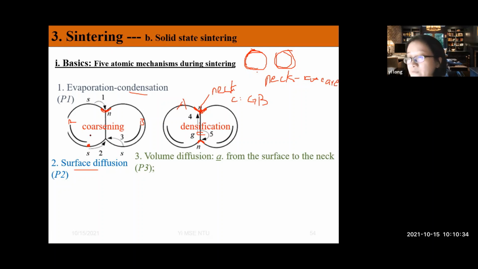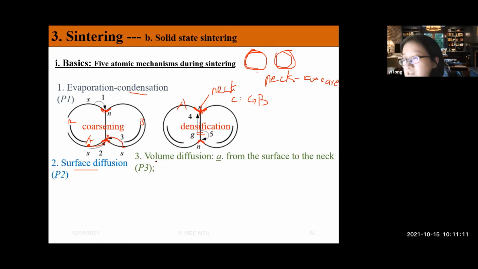Again, from where to where? From A to B or B to A? This is a simple question, everyone answer. A to B, good, very nice. So surface diffusion means the atom moves from this surface to the neck. And there's another possibility, which is volume diffusion. It's still from the convex to the concave, but the atoms don't move along the surface, they move from below the surface.